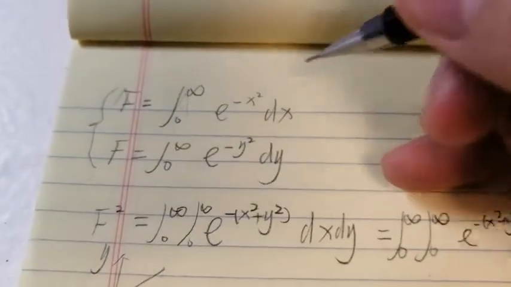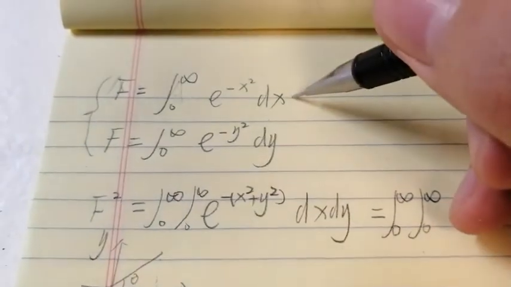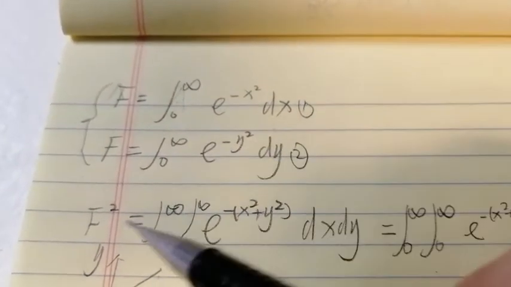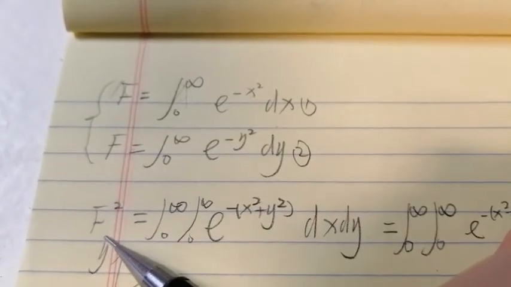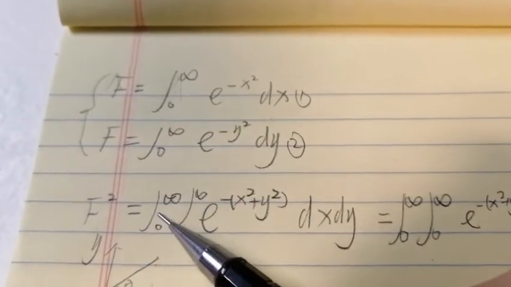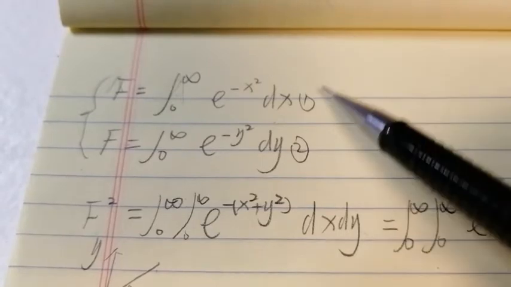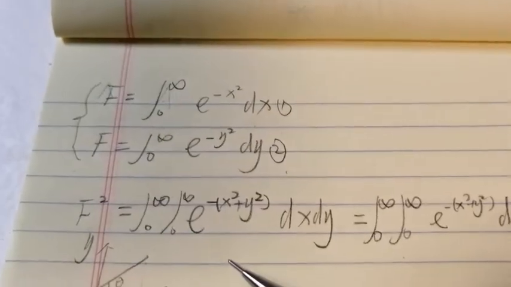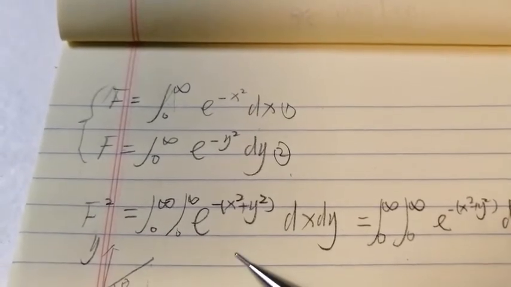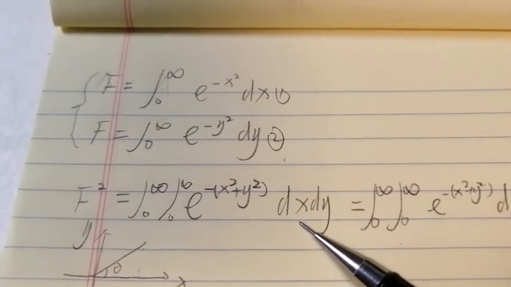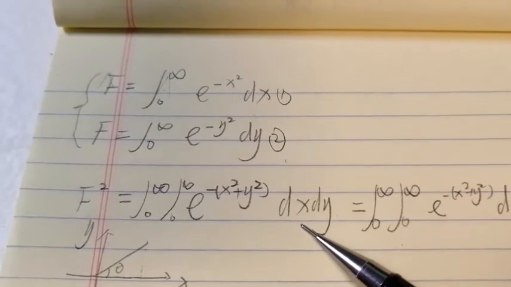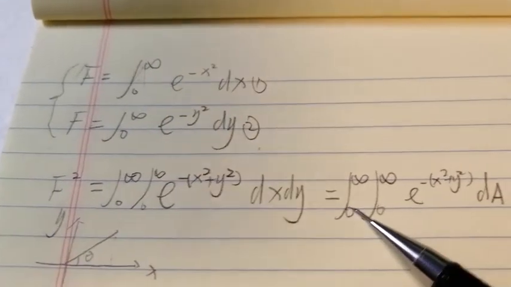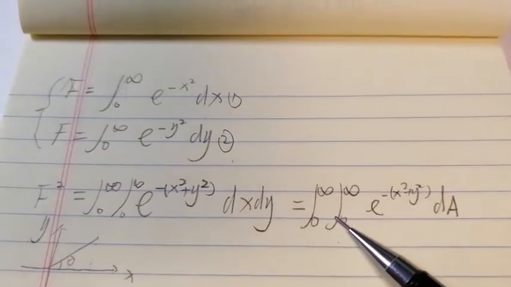By multiplying this function with this function, we get f squared equals this double integral. Here we can see we need to change the Cartesian coordinates to polar coordinates.